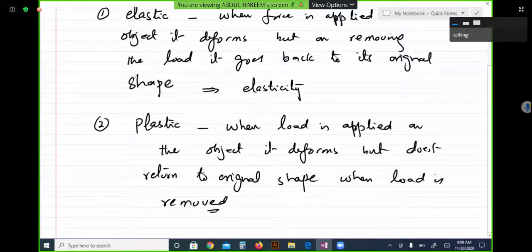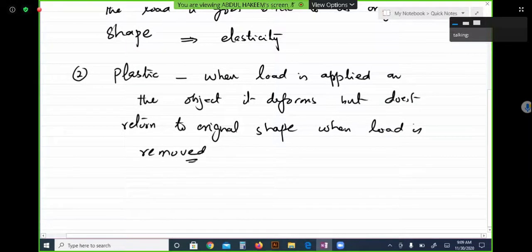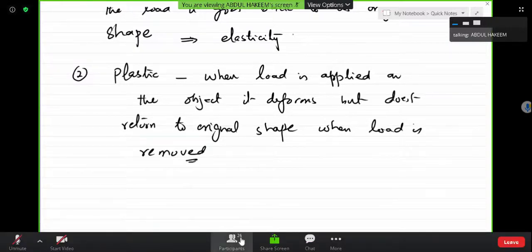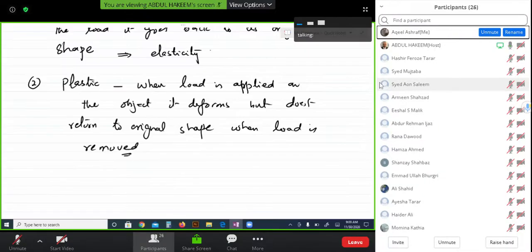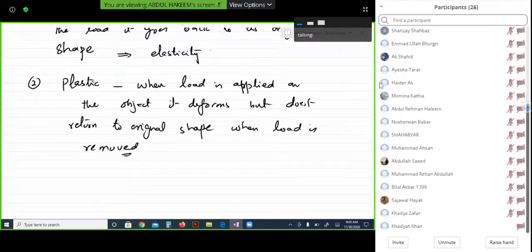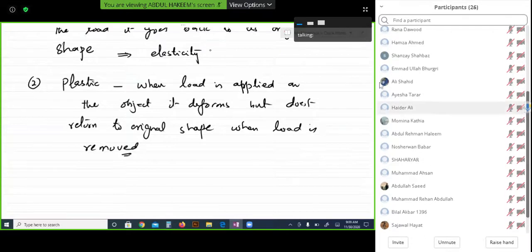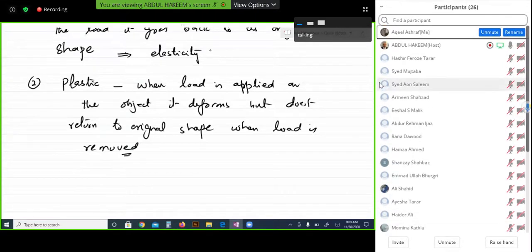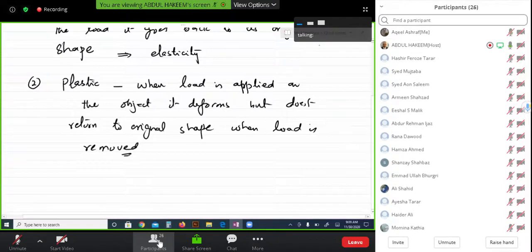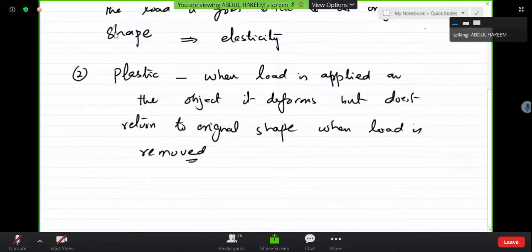It is permanently deformed. So it is called plastic material or the behavior is called plasticity. So the material is called plastic and its behavior is called plasticity.